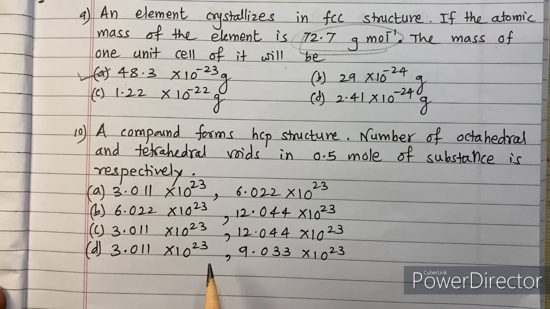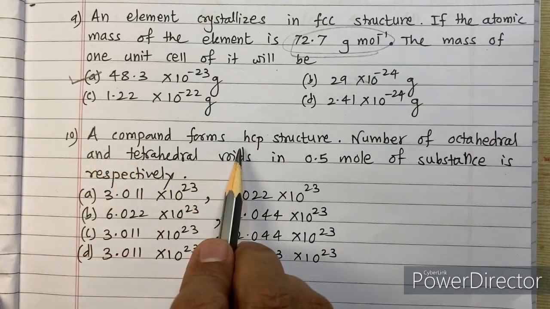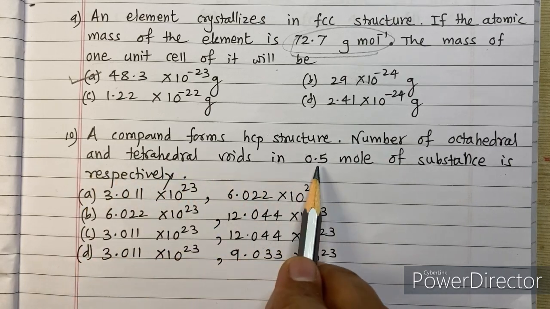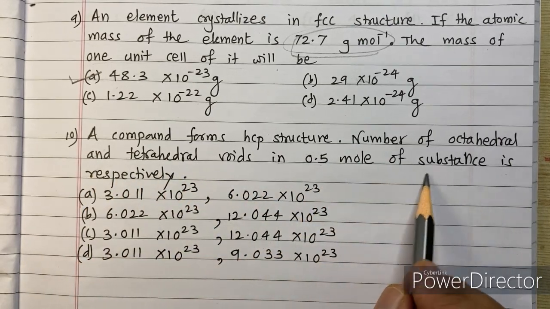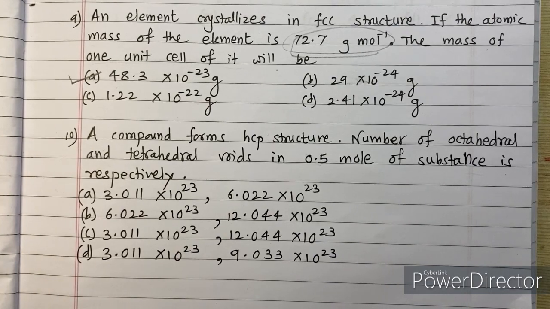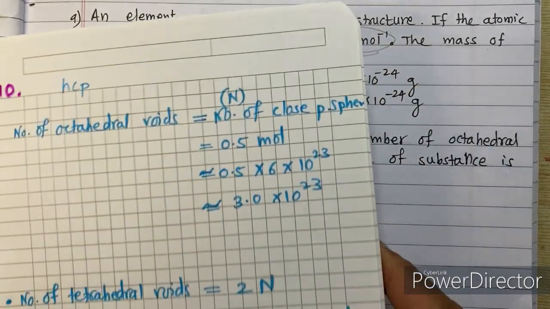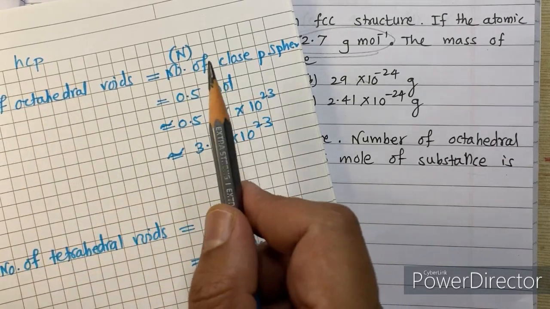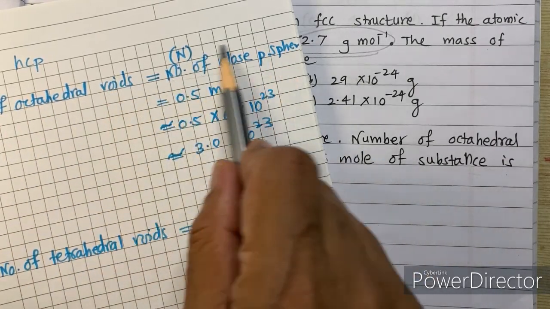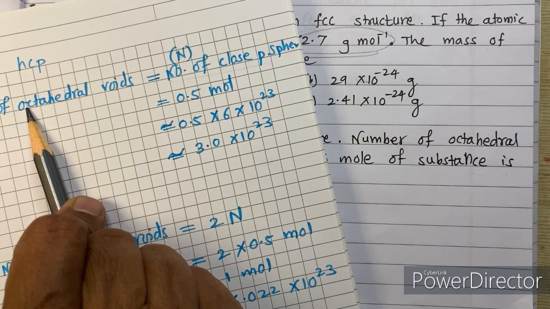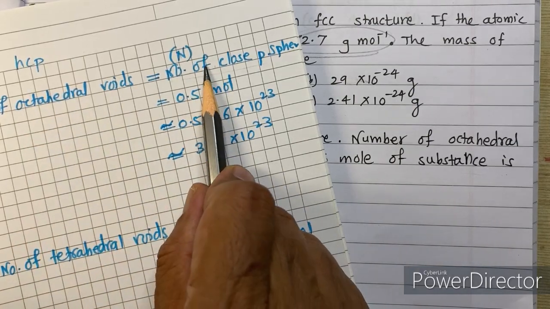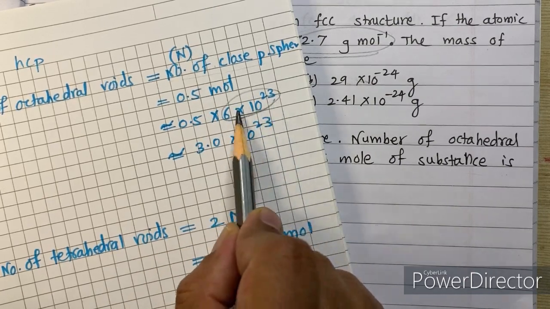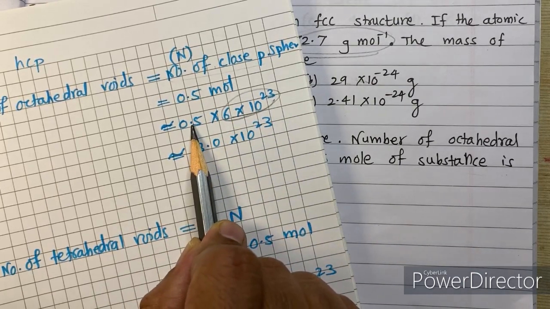Next, last MCQ. A compound forms CCP structure. Number of octahedral and tetrahedral voids in 0.5 mole of a substance is respectively. You know that if close packed particles are n, then octahedral voids are n. Now these are present in 0.5 mole. 1 mole contains this much particles, then 0.5 contains how much?